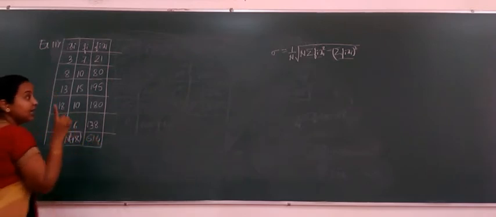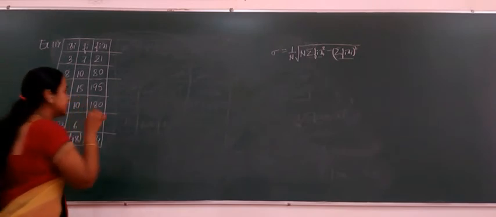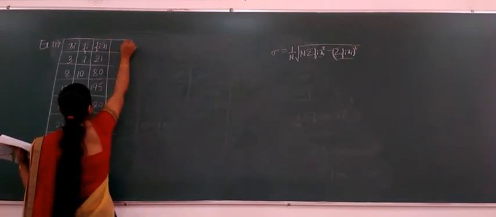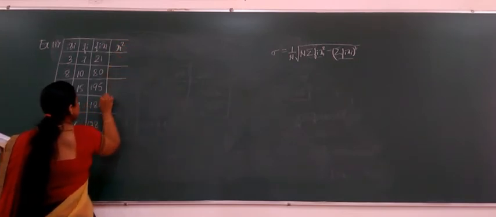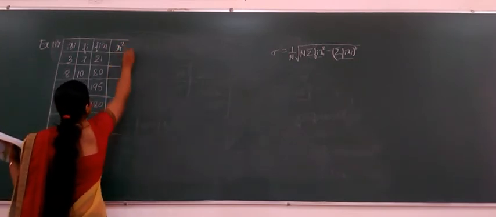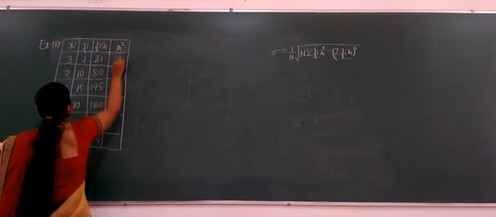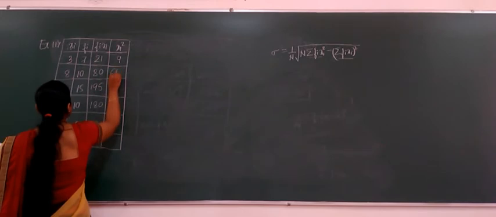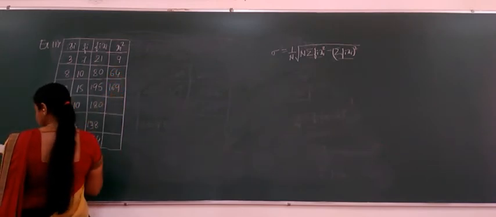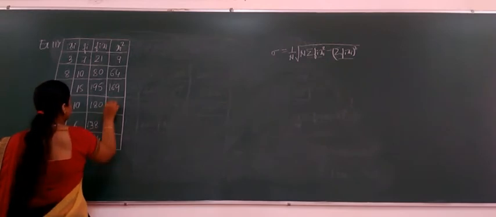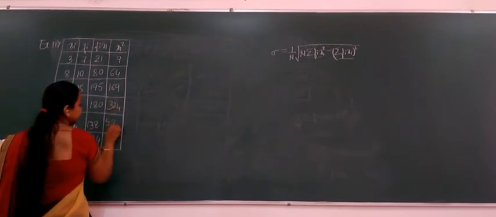Next we want the sum of fi into xi square, so let us square xi first. That is, we will square each of the xi's: 9, 64, 169, 18 square is 324, and 23 square is 529.